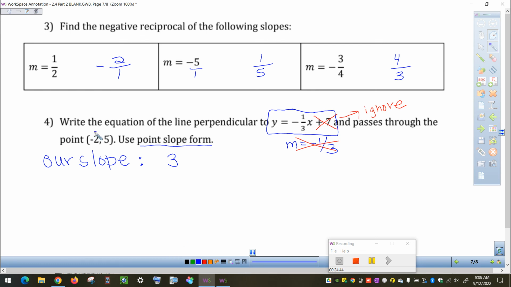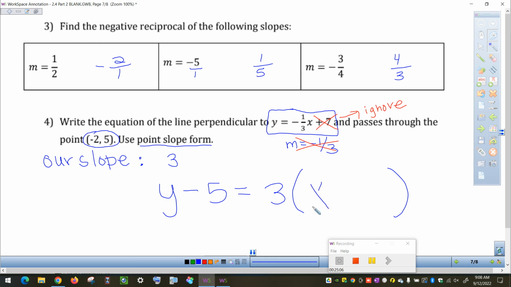All right, so now it's going to pass through the point negative 2, 5. We're going to put this in point slope form. So we're going to do y minus the y value of the point that it's passing through. And then we're going to do an equal sign. And then our slope of 3 is going to go here in front of our parentheses.